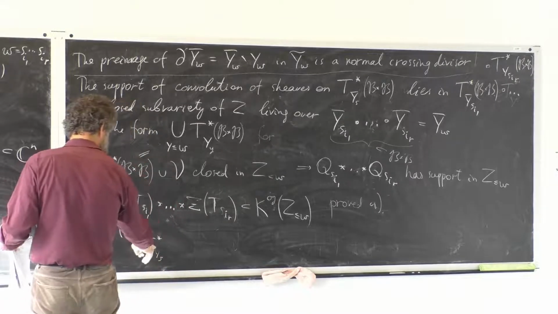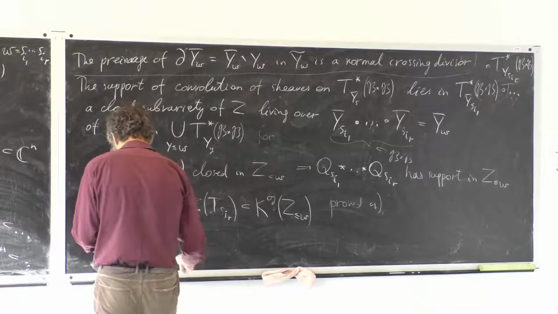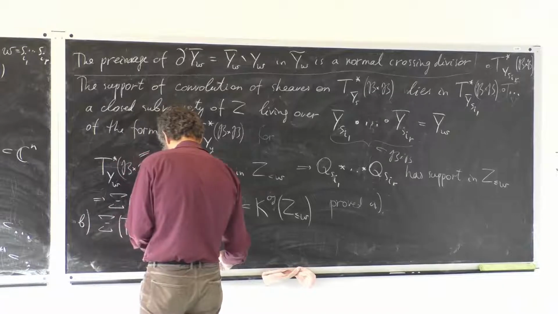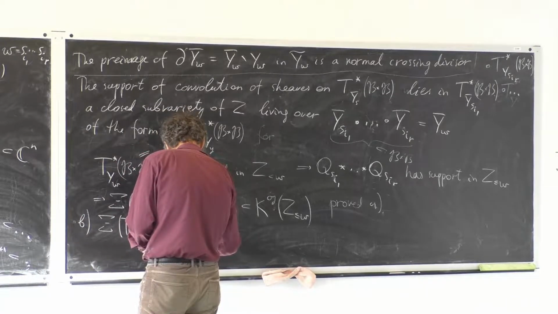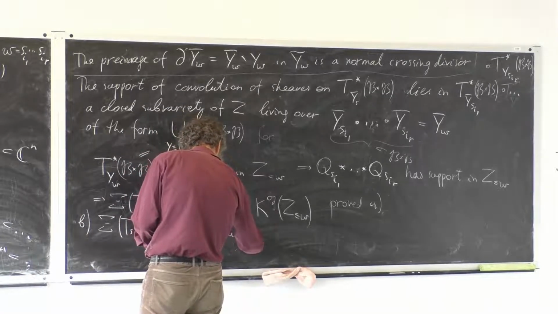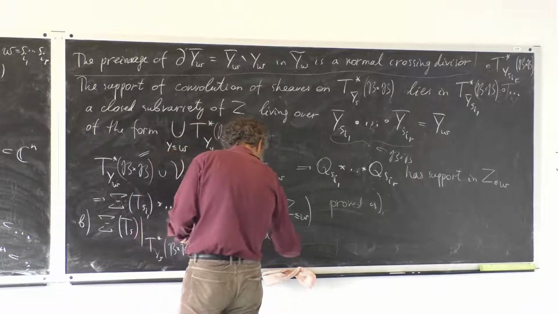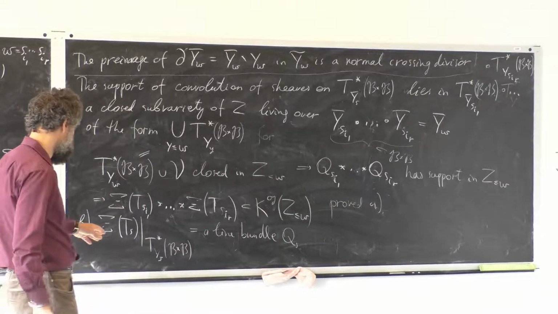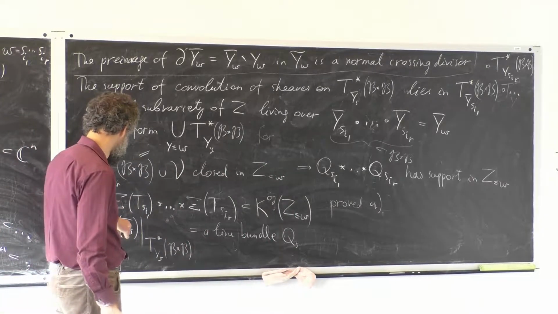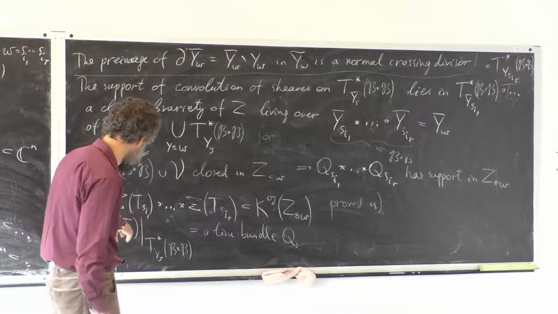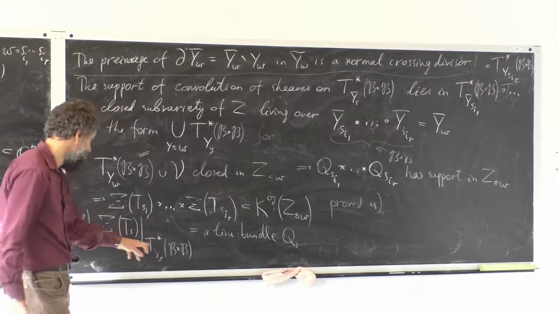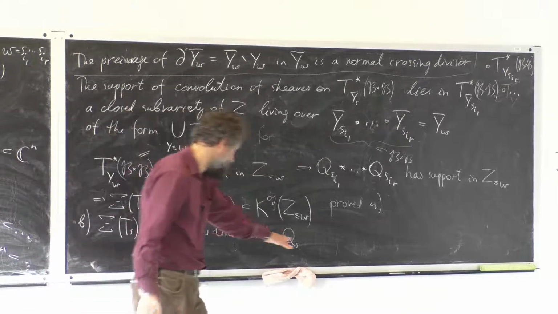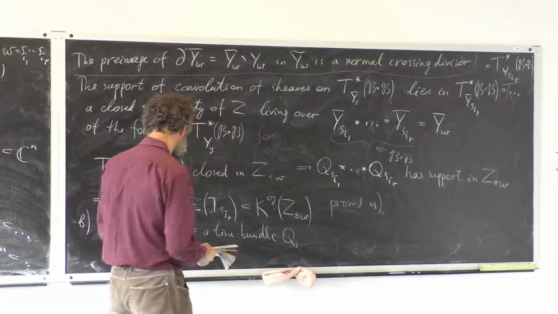So I don't take the closure anymore. I take the open orbit. And then this is a line bundle Q. Once again, this T goes to Q plus 1, but 1 is supported on the boundary here. So if we are only interested in the open part, then it's just the same line bundle Q, maybe multiplied by Q something.